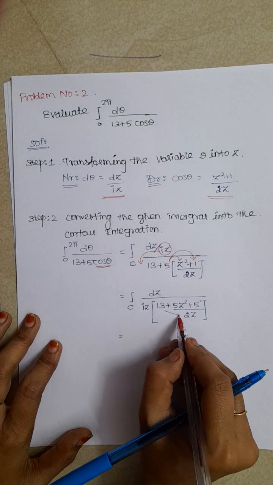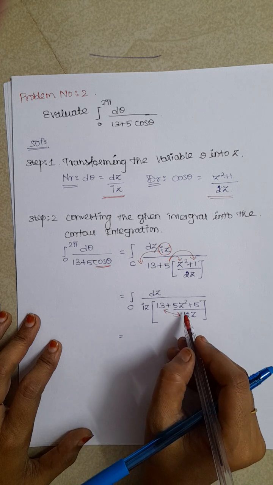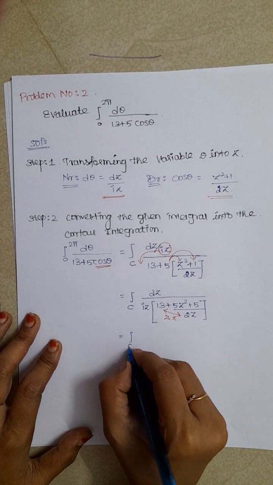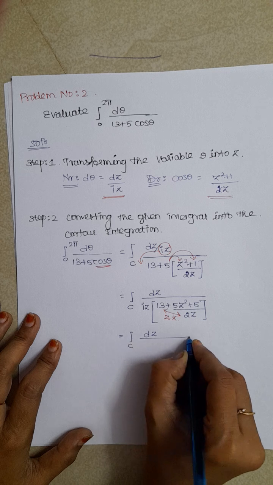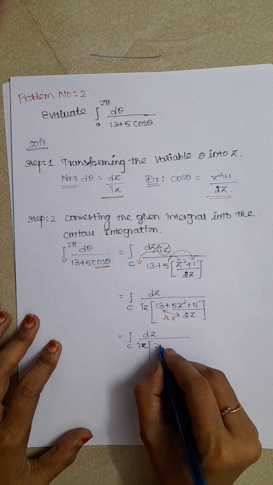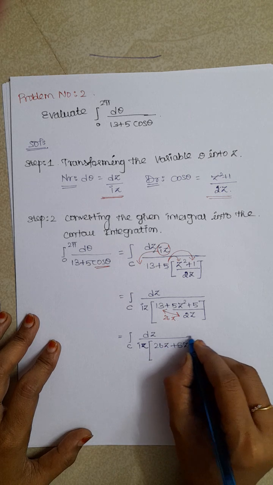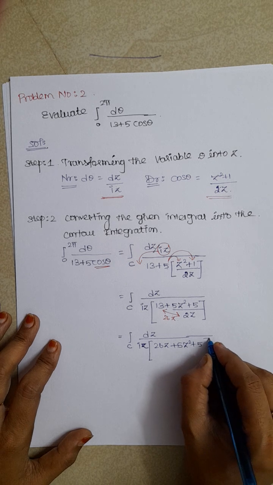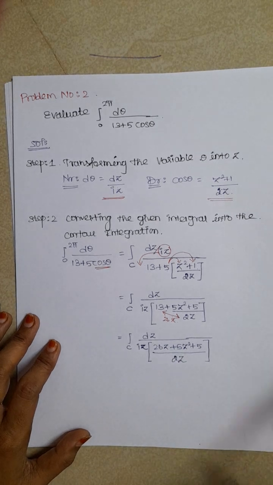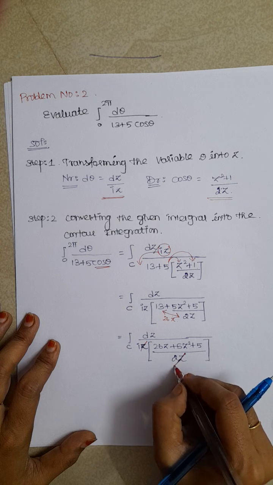Cross multiplying this term, we get 26z. So we write integral over c dz divided by iz, with iz common outside, 26z plus 5z square plus 5 whole divided by 2z. Here the numerator z and denominator z get cancelled.